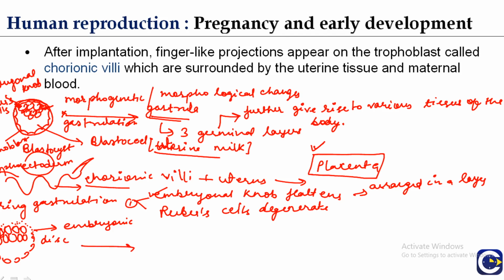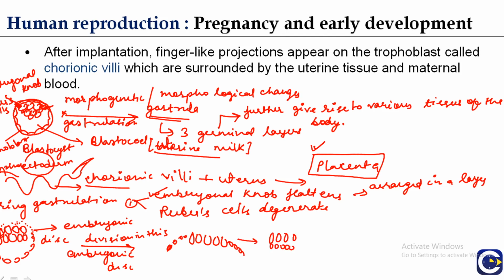Now further there is division in this embryonic disc, and during this division you can see this structure like this. This is the embryonic disc and there is division in this. Because of the division there is formation of upper larger cells and smaller lower cells.